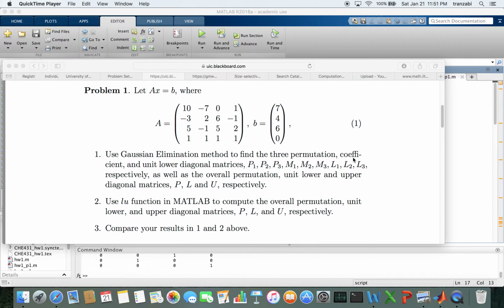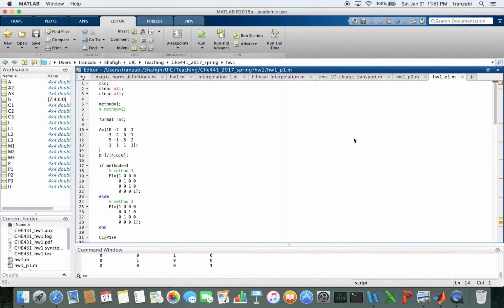To do that, I'm going to show you two different ways which actually give the same result. So let's look at how we can do it. In method 1, we do not permute rows in ascending order.